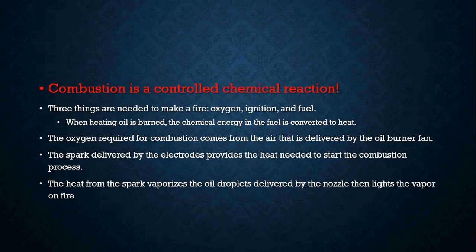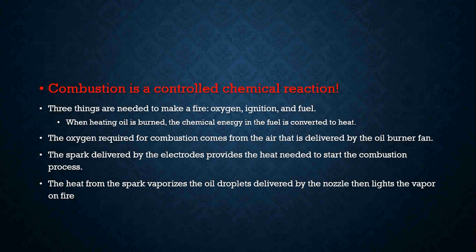One thing we have to always keep in mind, first things first, is that combustion is a controlled chemical reaction. Three things are needed in order for combustion to occur, or to have fire. That is oxygen, an ignition source, and a fuel source.